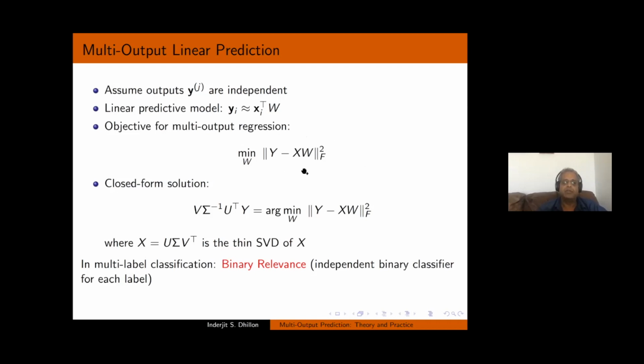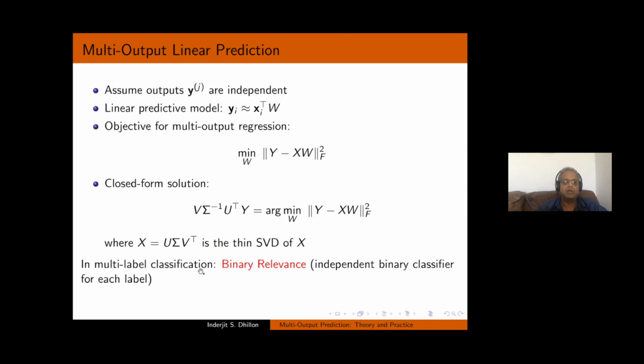This is the optimization formulation, and F denotes the Frobenius norm. It's well known that this problem has a closed form solution. Here I've given the closed form solution in terms of the SVD, although the singular value decomposition of the training data matrix is not necessarily required for solving this problem.